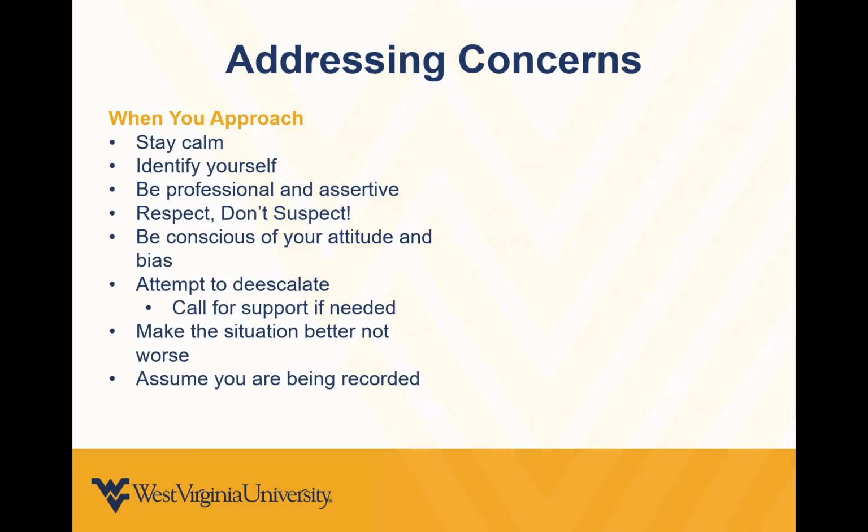Before I go into a situation, if I know what it is, I'll think about possible scenarios and how to respond. This helps me to be prepared to address the issue, and in turn, it helps me to stay calm. When speaking to those involved, you must identify yourself and share your name and position.